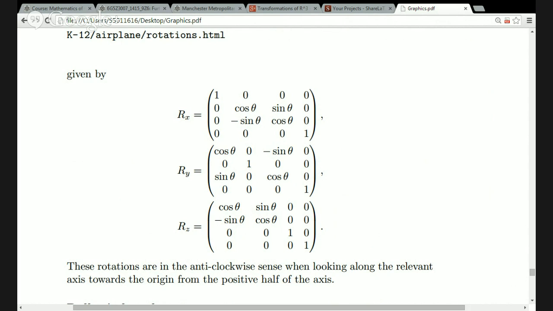So let's draw a sketch to illustrate that. In our left-handed system, a sketch of the three coordinate axes. We take x and z as the ground horizontal plane, y is the vertical direction.